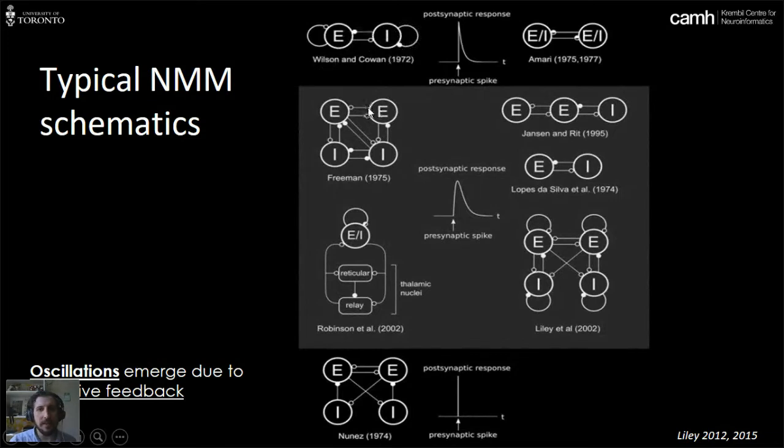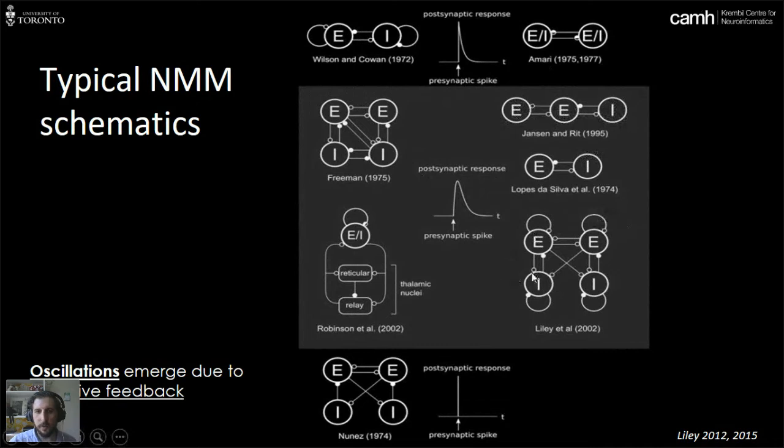Some of the other schematics that have come up: a common one, that I'll talk about in a second, is the Jansen-Rit model, which has two excitatory populations, one inhibitory population, and a limited schematic between them. We'll see this in a slide or two, but the middle excitatory population here is the pyramidal cells. Essentially the pyramidal cells have bidirectional connectivity with one excitatory interneuron population and one inhibitory interneuron population.